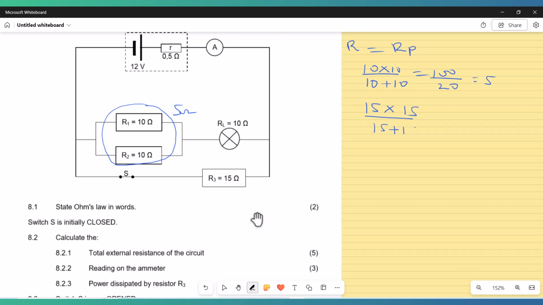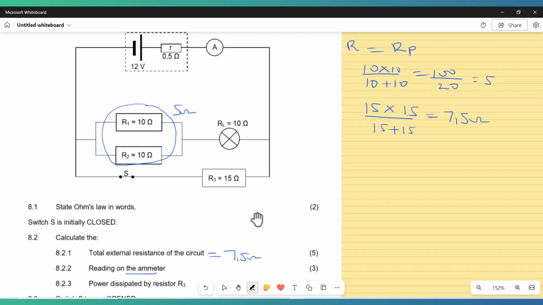So what is 15 times 15 divided by 30? It gives me 7,5 ohms. That's my total R external, 7,5 ohms.